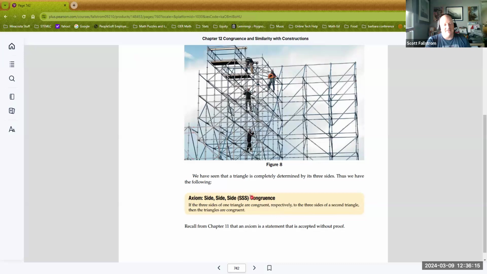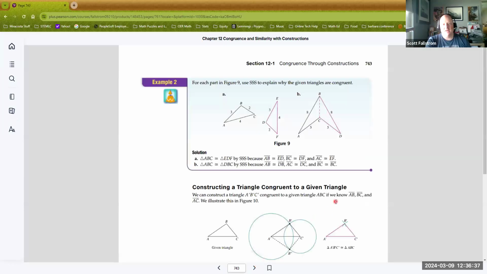Notice that means I only need to know 3 of the 6 pieces, but I get the others for free. Okay. So now they're saying this is what's known as an axiom, which means you do not have to try to prove this statement because we can see that it is true in general. So that is an axiom. All right, so that means side, side, side. If you can match up 3 sides with 3 sides of another triangle, the entire triangles are congruent, all of the other pieces.